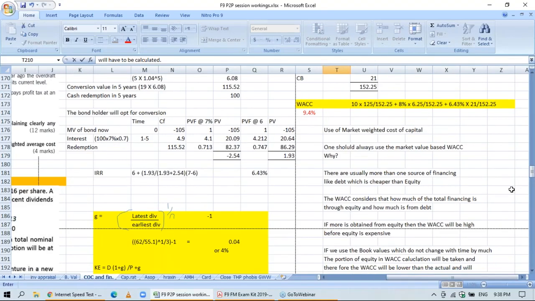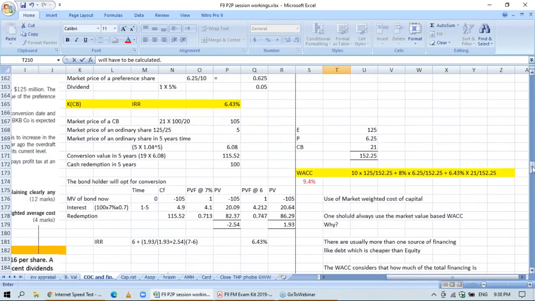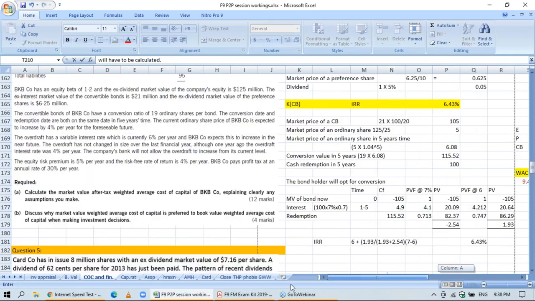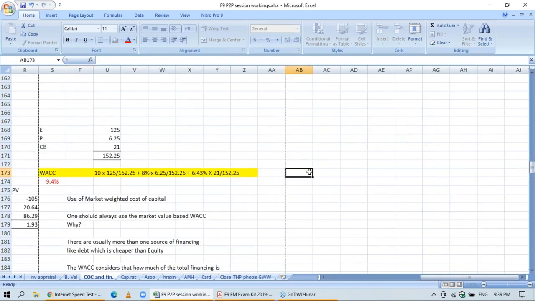Okay. So now let's move on to calculate the project specific WACC. Project specific cost of equity.